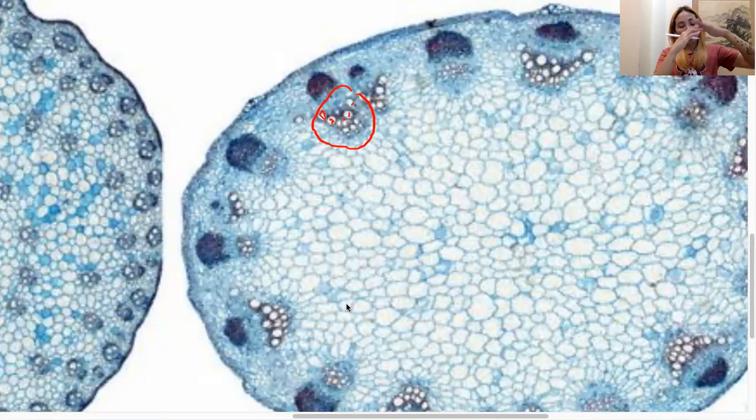So from that, mas malapit doon mapo-form ang mga protoxylem and you will notice, okay, they are bigger in comparison to these cells, yung mga cells na nandito, which are basically the metaxylem. Okay?